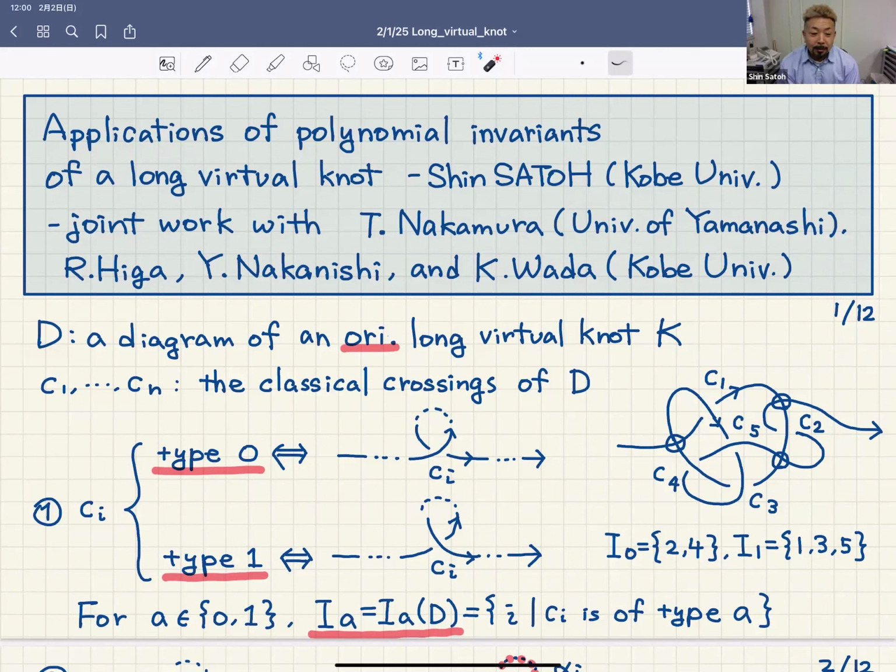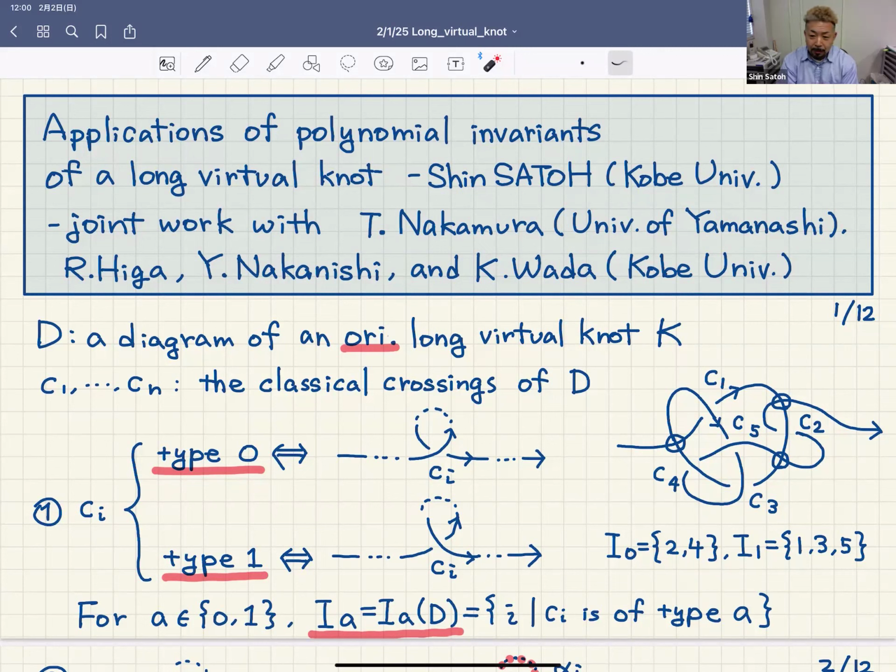Let D be a diagram of a long virtual knot K, and C1 to Cn the classical crossings of D. To define the polynomial invariants, we prepare two notions as follows. The first one is the type of a classical crossing.